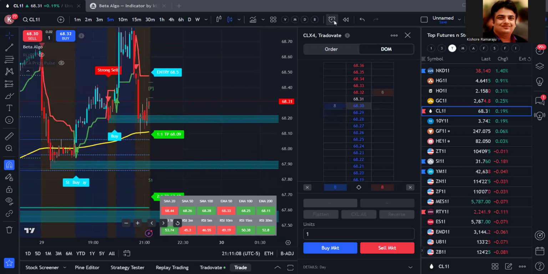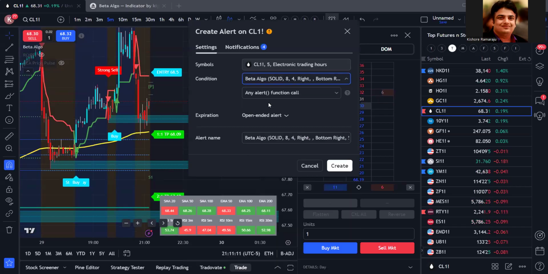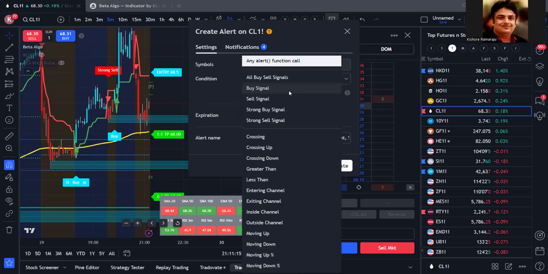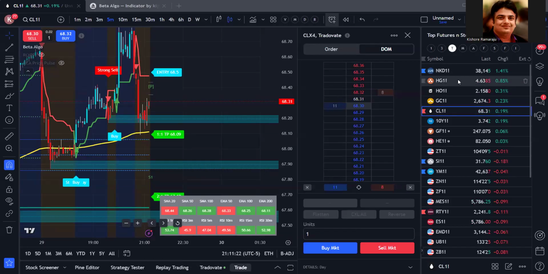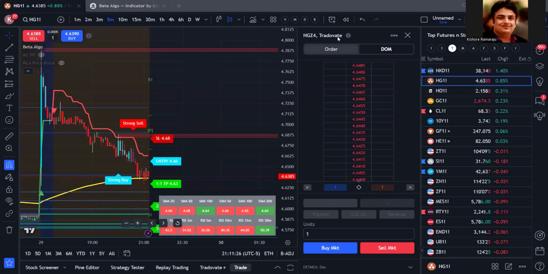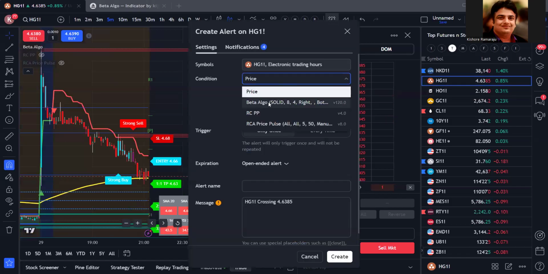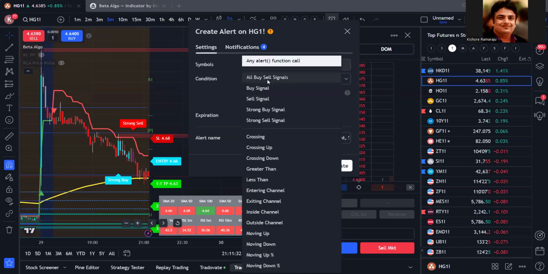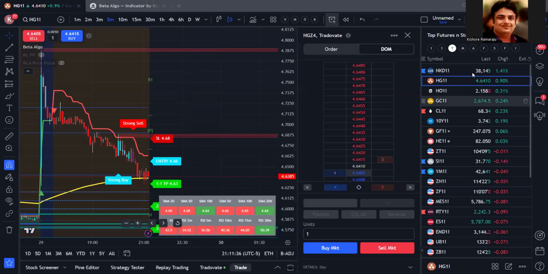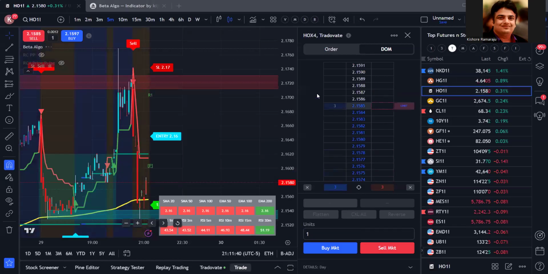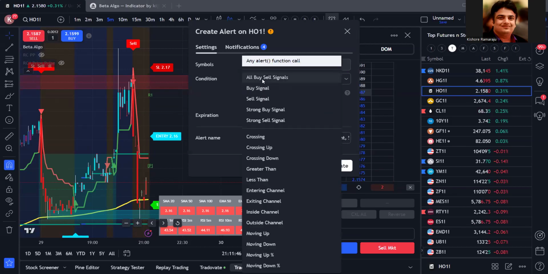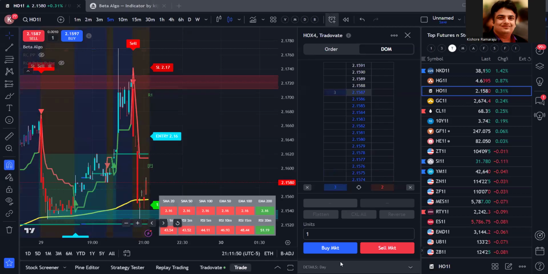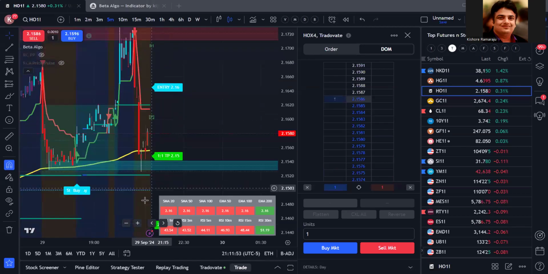If you want, you can always set alert on those tickers. Those are the three main ones because they are above the yellow line and also above the blue lines.